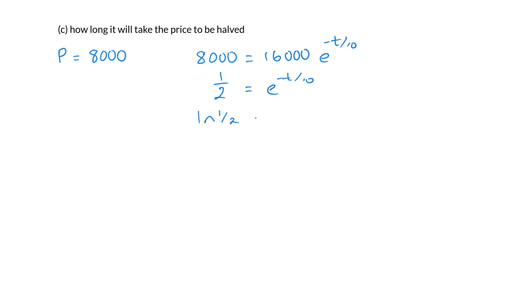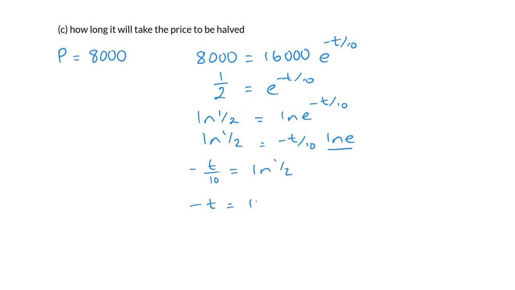So ln of a half equals ln of e to the minus t over 10. Bring your minus t over 10 down, and ln e is 1. So minus t over 10 equals ln a half. So minus t is 10 ln a half, so t is minus that. And that turns out to be 6.93 years.